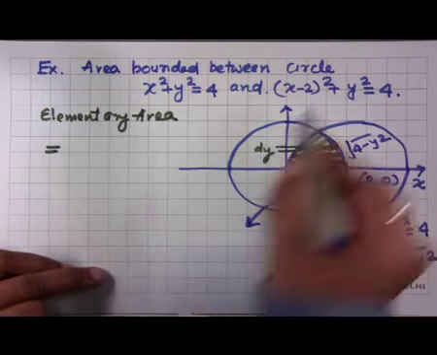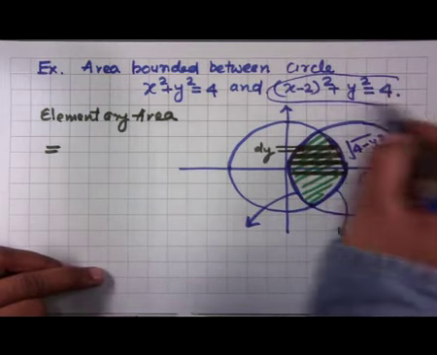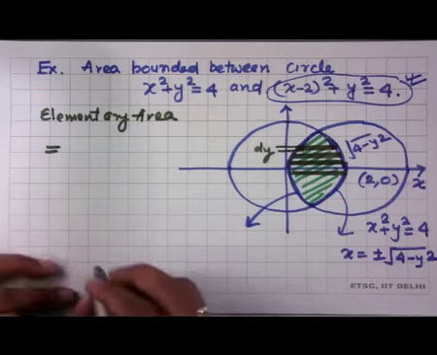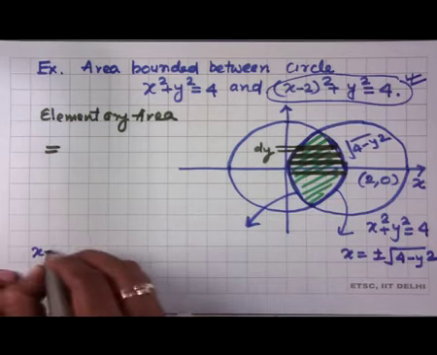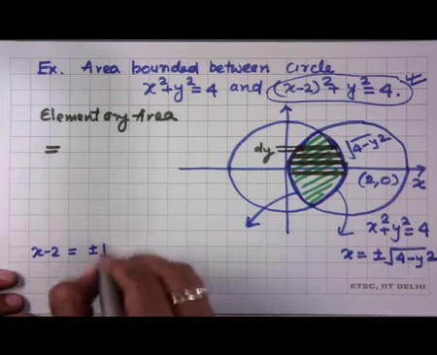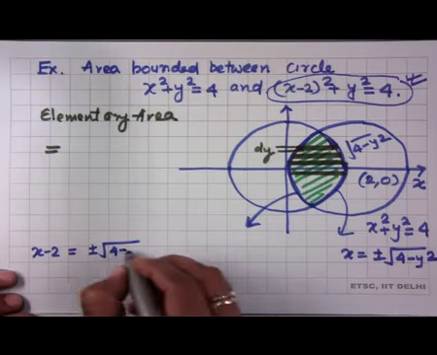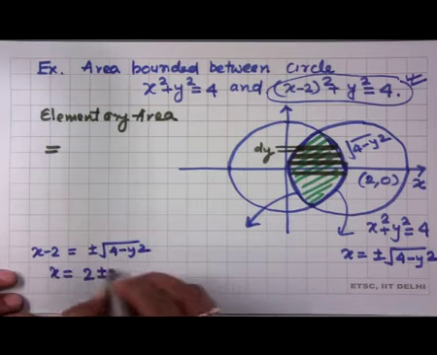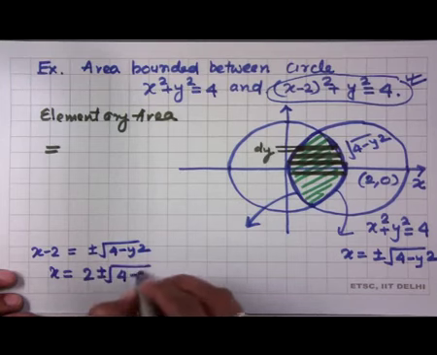Similarly, you solve this equation for x, you get x minus 2 is plus minus under root 4 minus y square. So, x is 2 plus minus under root 4 minus y square.